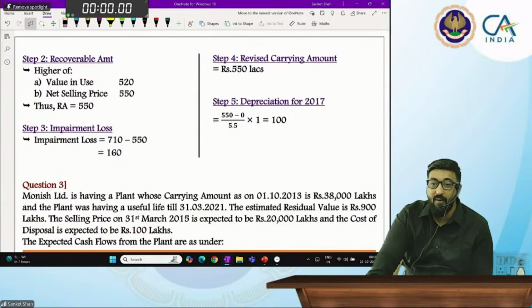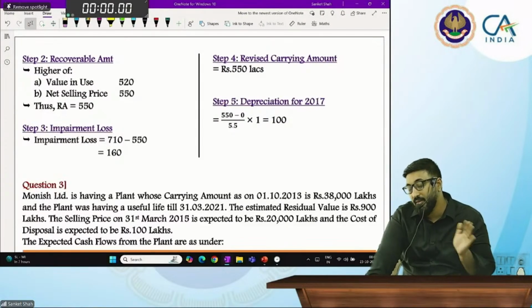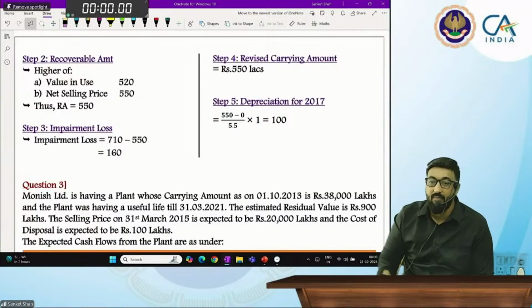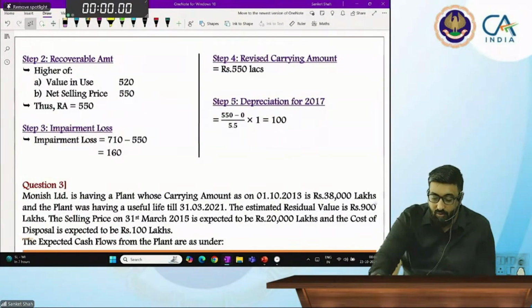So 5.5 years ही बचा ना आपका. प्रीति कुमारी जी समझा कि आपको कि 6 साल की लाइफ थी, 6 महीने के बाद आपने इम्पेयरमेंट की टेस्ट की, तो इम्पेयरमेंट के बाद बची कितने टाइम के लिए एसेट? 5.5 साल. नीतीश, dates are very important. Okay, ठीक है. चलो, next question.